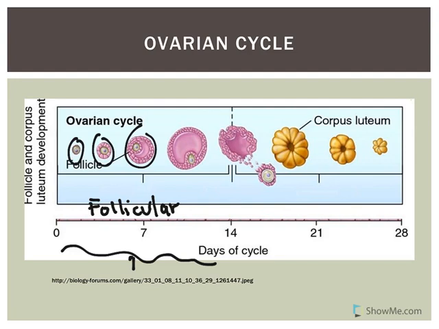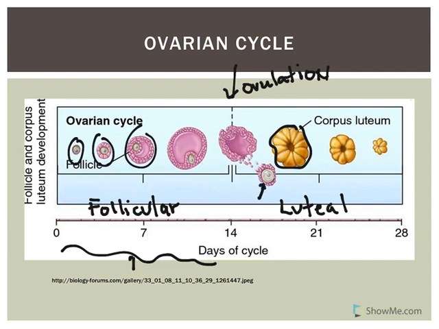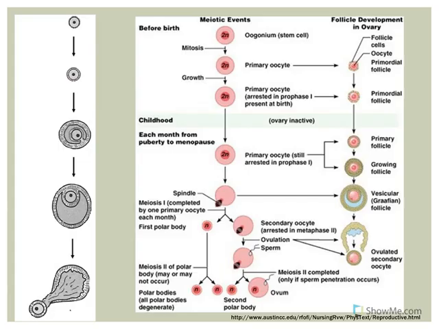From days 14 through 28, they refer to it as the luteal phase because of this structure called the corpus luteum, and we'll mention that. Day 14 is the day of ovulation, okay, where that secondary oocyte that was suspended in meiosis II is ovulated, but I want you to notice it's ovulated with some cells around it, and we're going to talk about that. So let's look at some of the things.